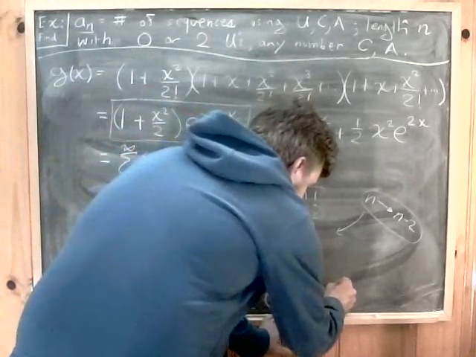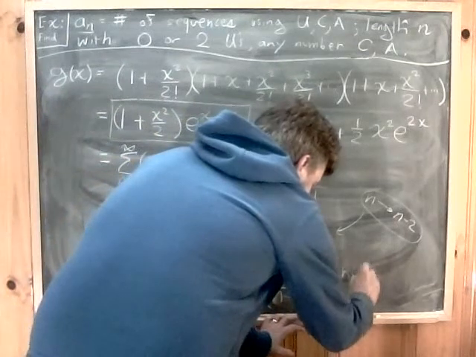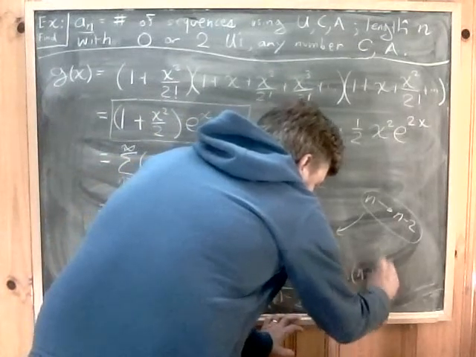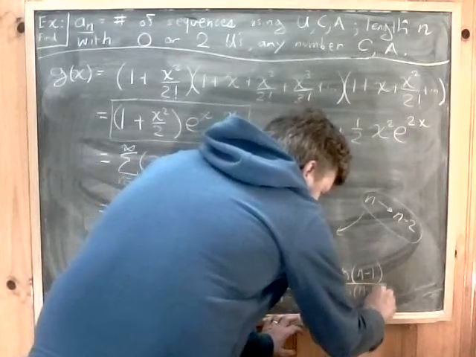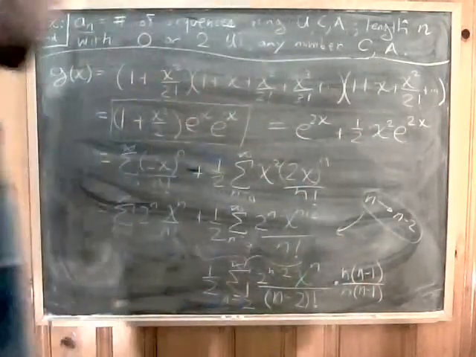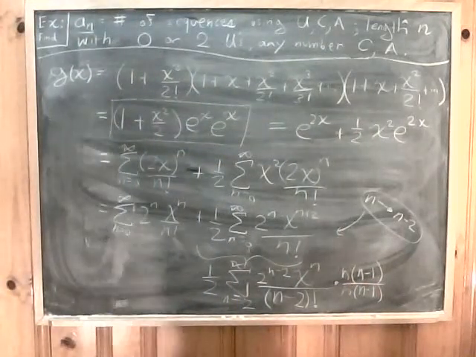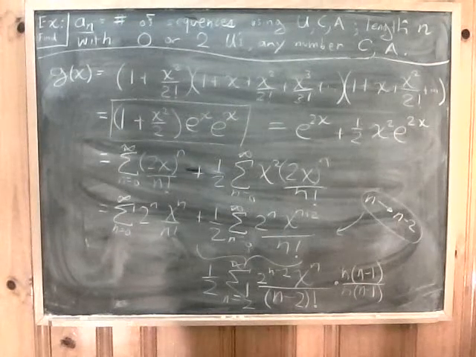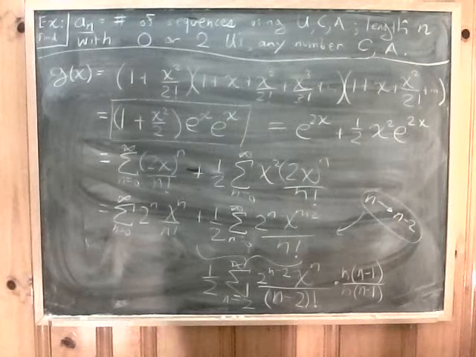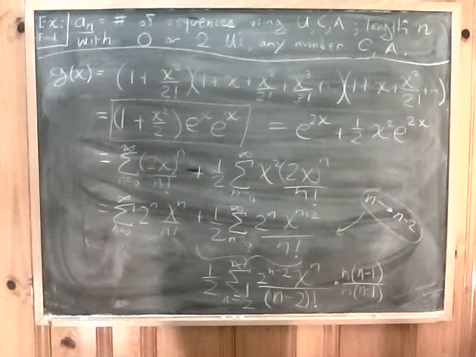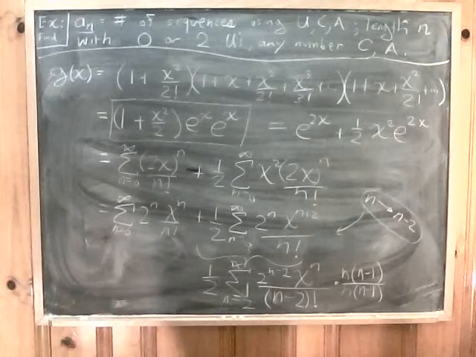So multiply by n times n minus 1 on top and n times n minus 1 on the bottom. And now on the bottom, I'll have n factorial, and on the top, I'll have x to the n, and the rest of it on top will be a function of n, which is what I need.